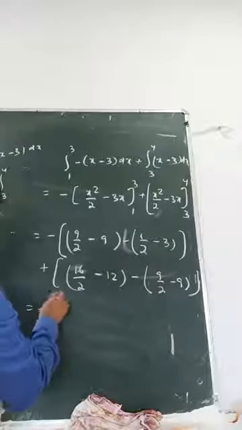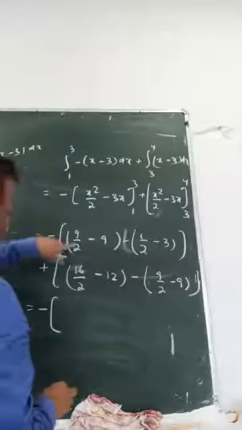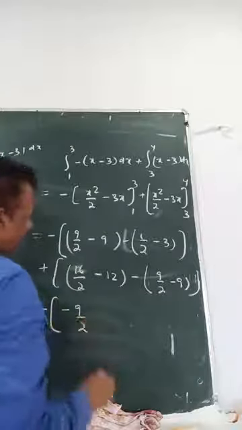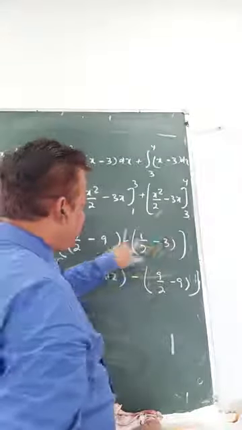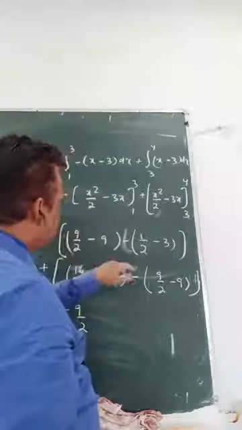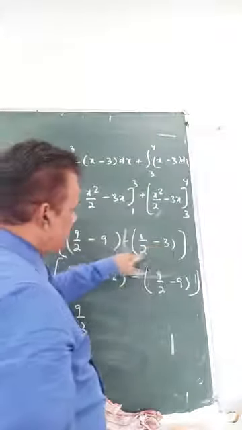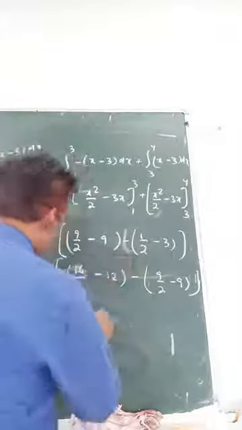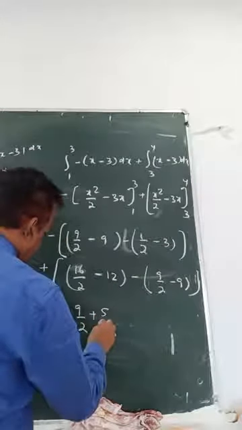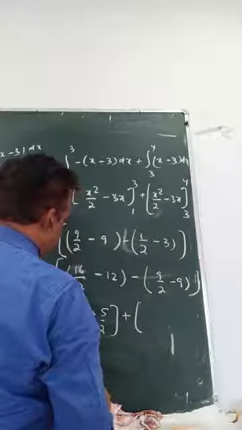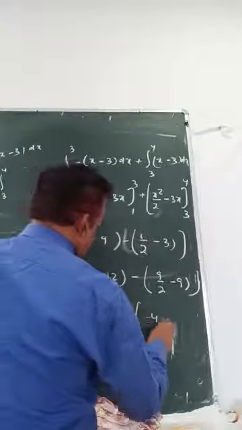So minus 9 by 2 minus is minus 9 by 2. This is minus 5 minus 6 here. So minus minus plus 5 by 2. I think it is coming now. Plus 8 minus 12 is minus 4.